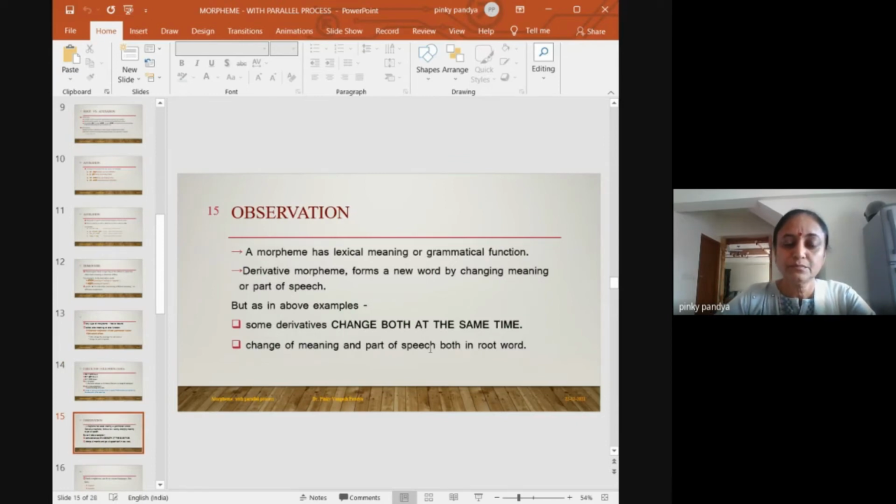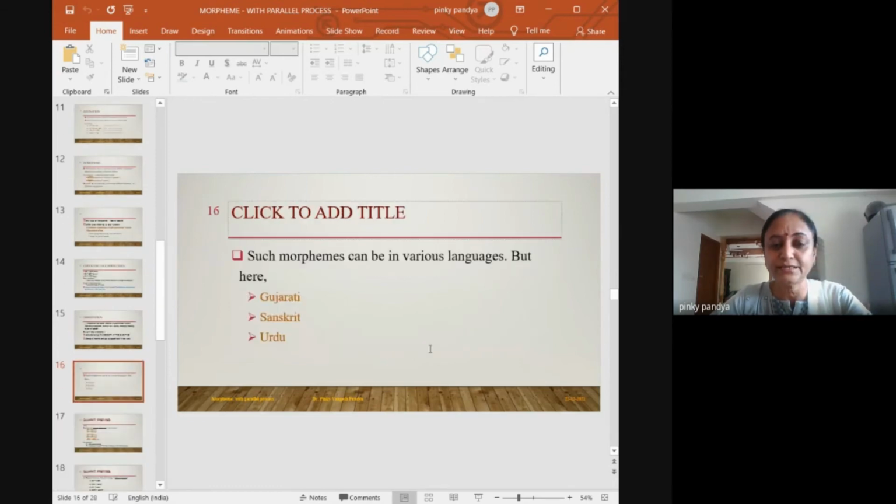So generally one morpheme has one function or one meaning, but here we can see a simultaneous process. The same prefix is performing two actions at a time. We can see this in different languages also.